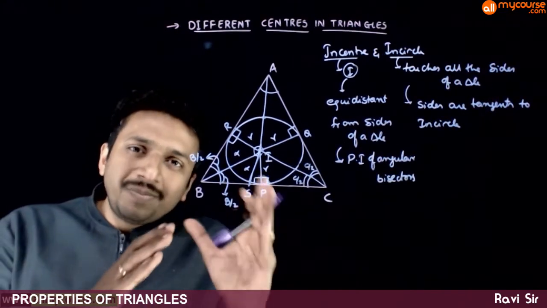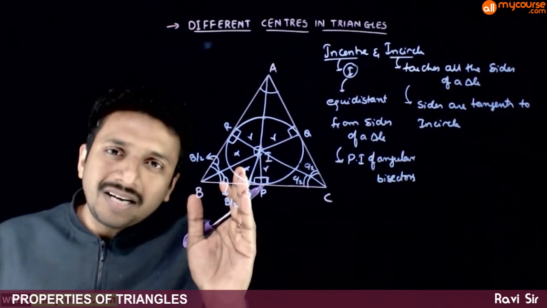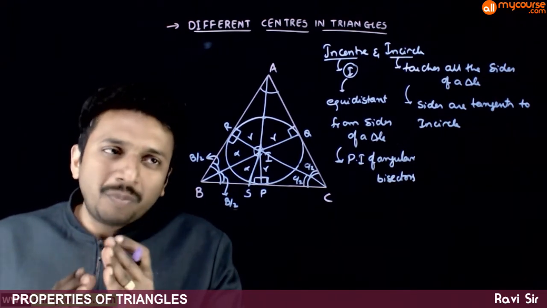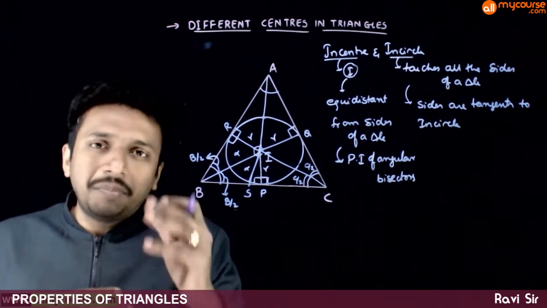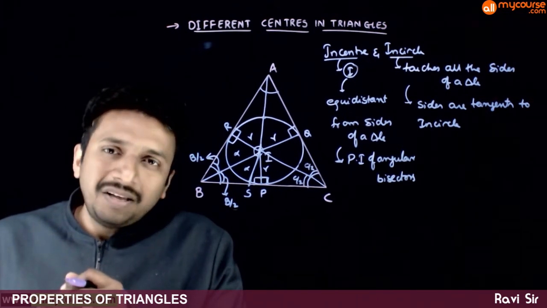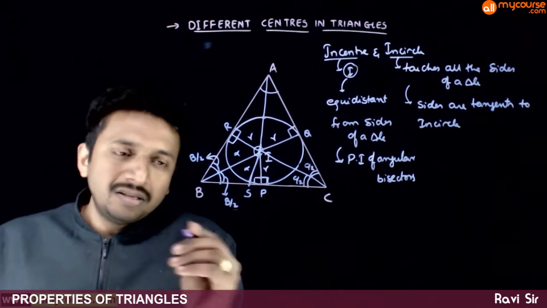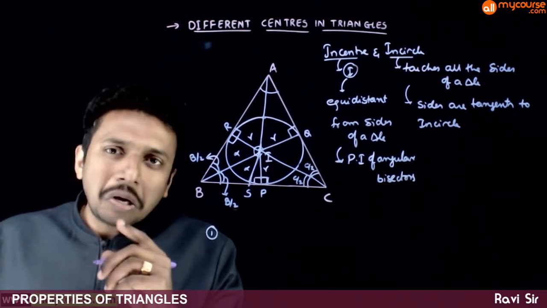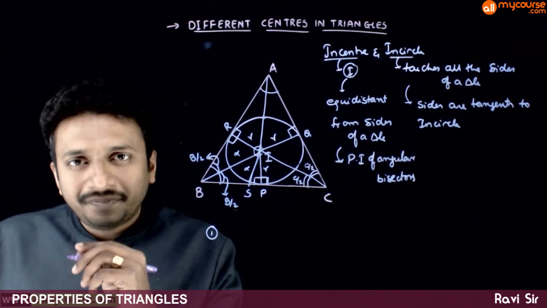So once you have this basic understanding of the incenter and incircle, there are some special properties which you need to understand. Let me write them one by one. The first point is the concyclic property.